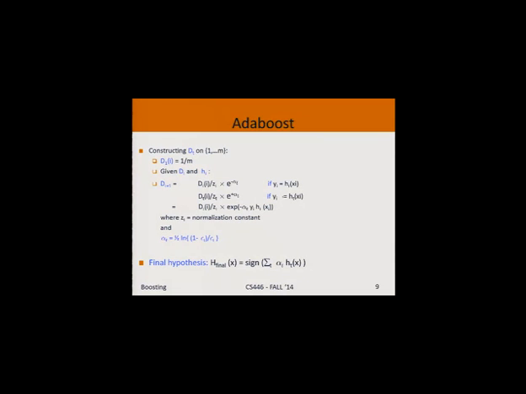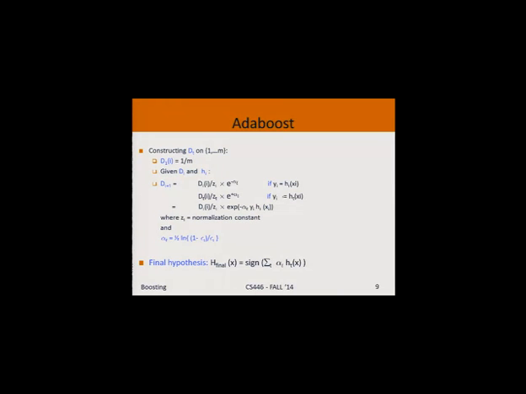Yeah? What is zt? Zt is a normalization factor. We're going to define it later. But basically, it's normalizing it. So what I want is that if I sum dt plus 1 of i over all i's, I get 1. Right?